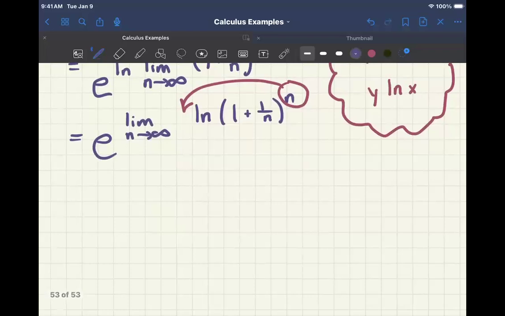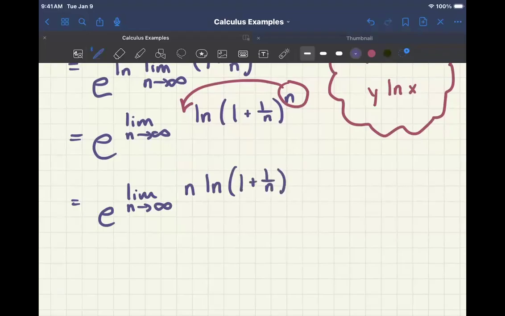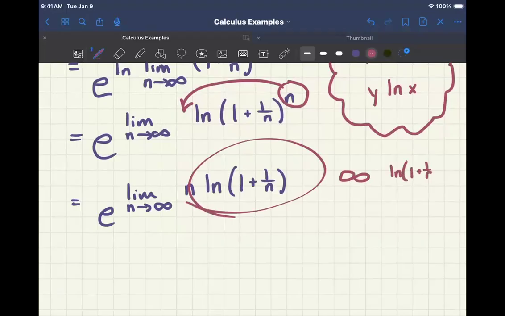All right. So now that we have this, let's rewrite this. Our n is out front, natural log of 1 plus 1 over n. And I'm going to rewrite it one more time because as we look at this right now, notice our n is going to infinity, and our natural log of 1 plus 1 over n is going to natural log of 1, which is going to 0.